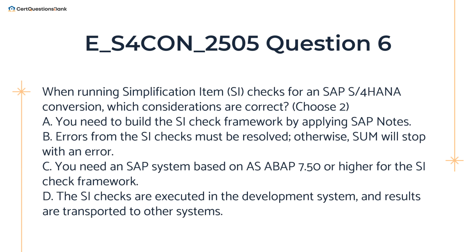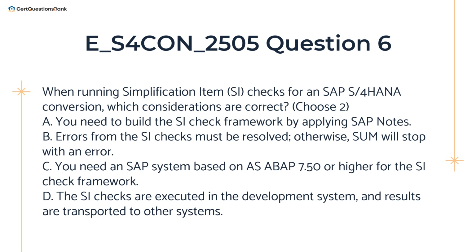When running Simplification item, SI, checks for an SAP S/4HANA conversion, which considerations are correct? Choose 2. A. You need to build the SI check framework by applying SAP notes. B. Errors from the SI checks must be resolved.